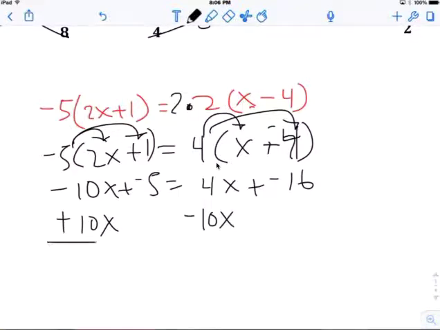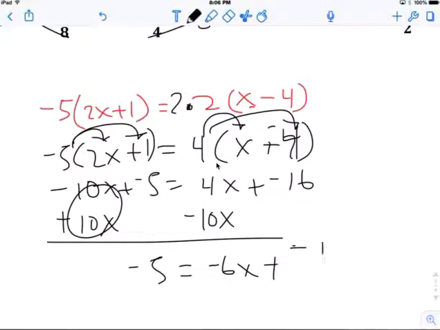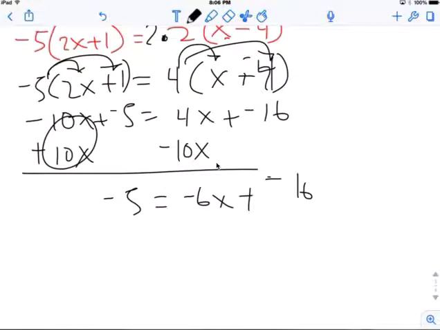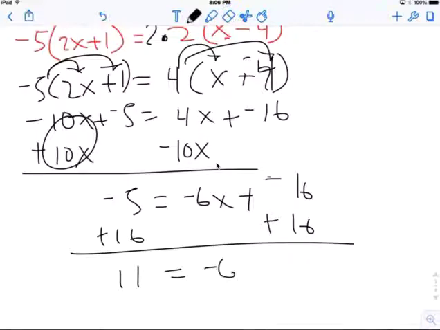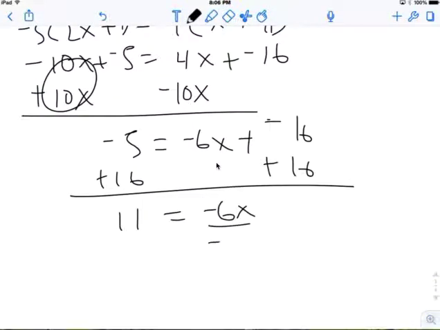Coefficient is negative 10. That's negative 5 equals negative 6x plus negative 16. Then you add 16 to make 0. You get 11 equals negative 6x. And if I make a mistake, I apologize. x equals 11 over 6.